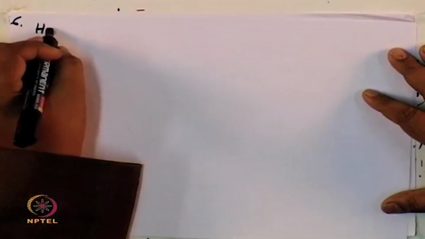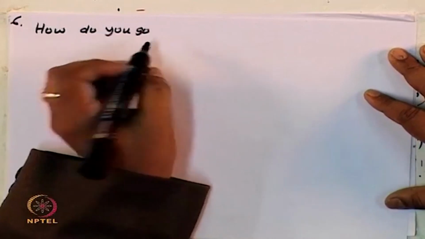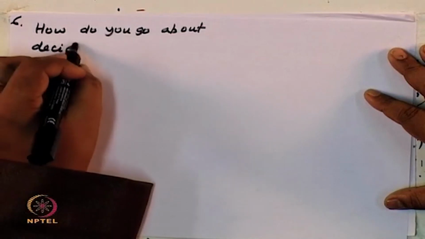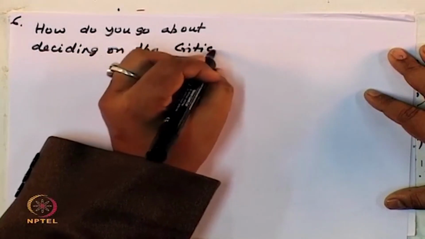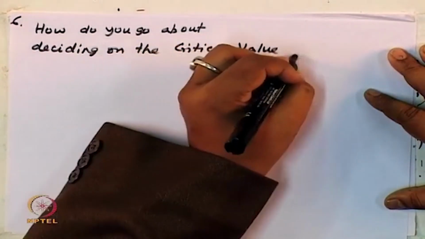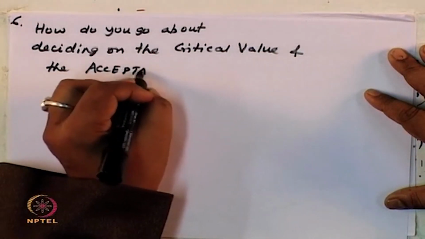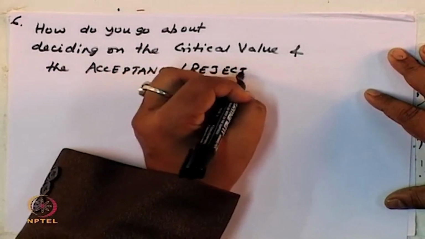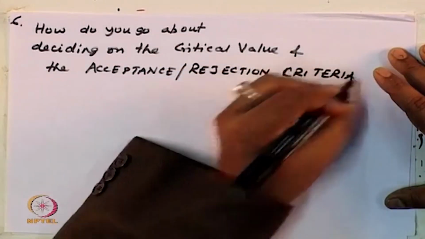Now, we want to see how you go about deciding on the critical value and the acceptance or rejection region.